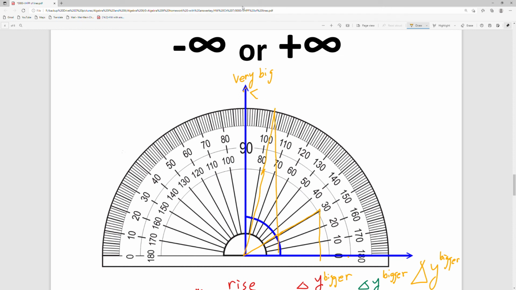If you follow the circle, okay? Make it bigger and bigger, and when you make a bigger and bigger slope, the x becomes smaller and smaller. So y value becomes bigger and bigger. So let me change the color so you can see better.